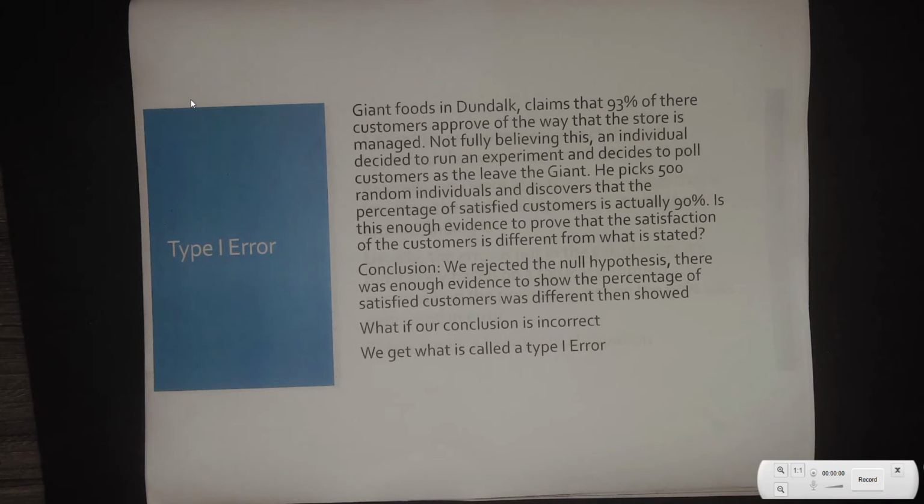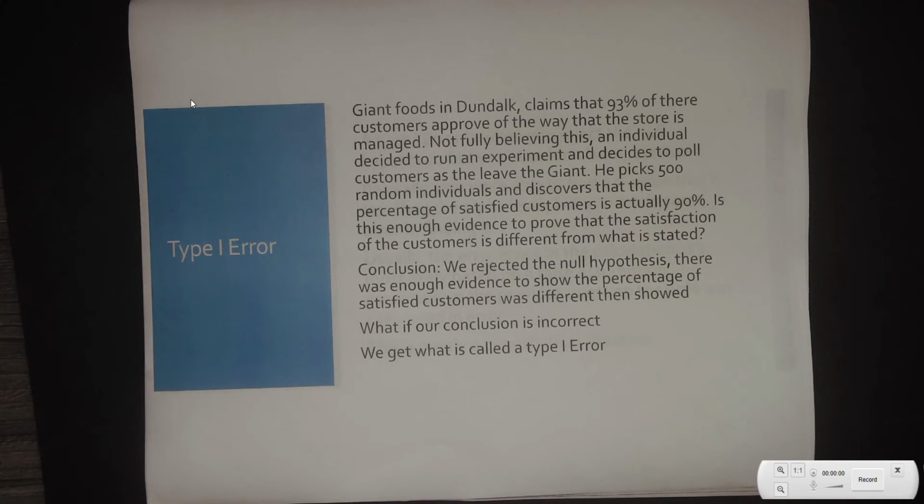Is this enough evidence to prove that the satisfaction of customers is different from what we stated? Last time we looked at a video, we said we rejected the null hypothesis. There was enough evidence to show that the percentage of satisfied customers was different than stated. So we went through the whole hypothesis test process, and found that we had this conclusion.